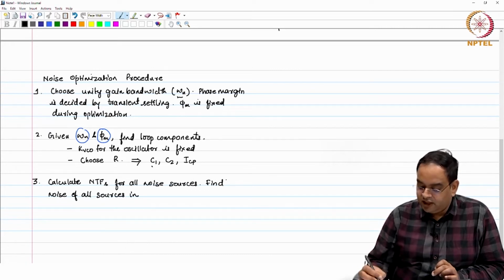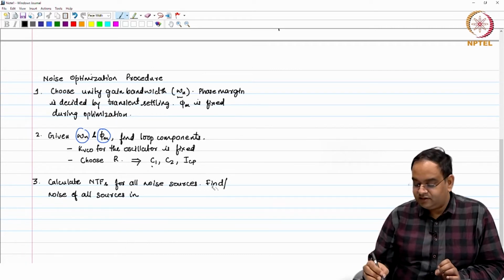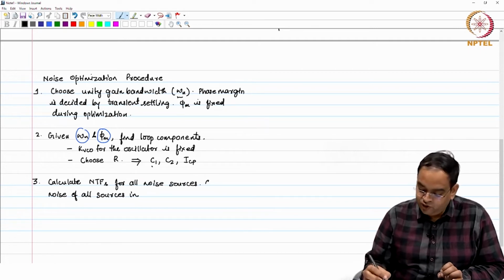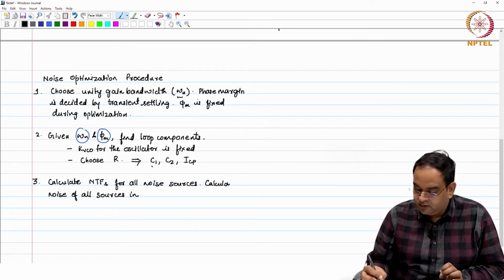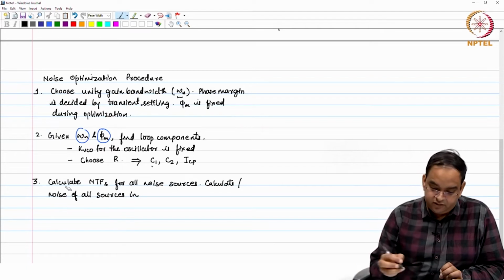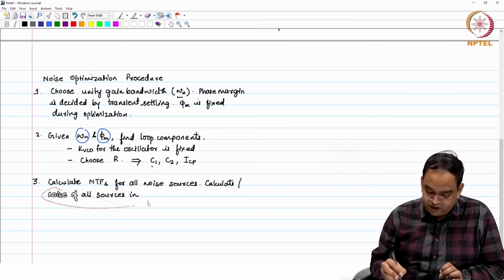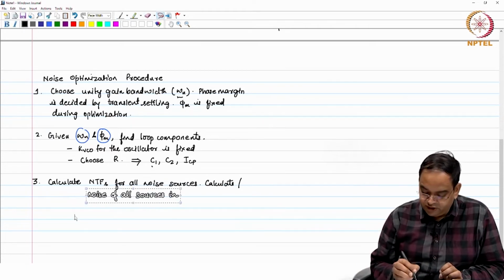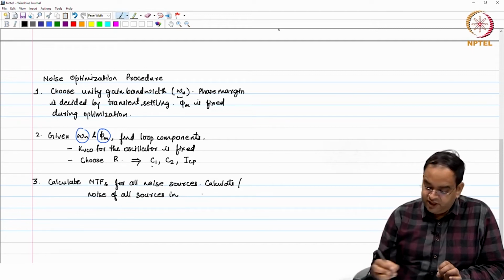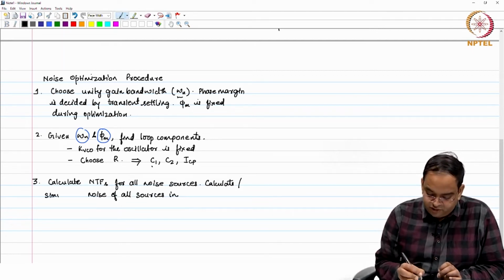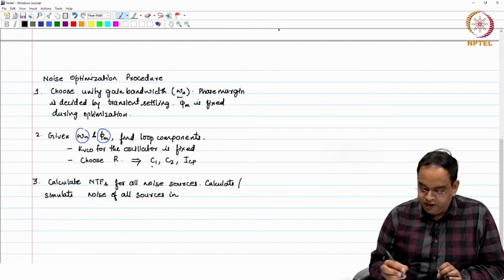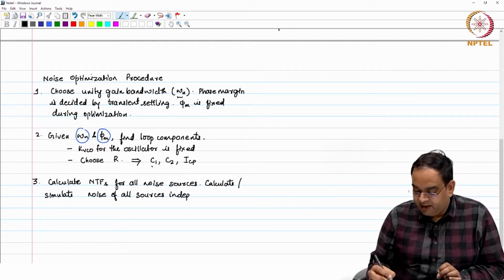Here there are two options: either you calculate or you simulate. You can do both, we will see what we are going to do, but whichever way it is, you calculate or simulate the noise of all sources independently.